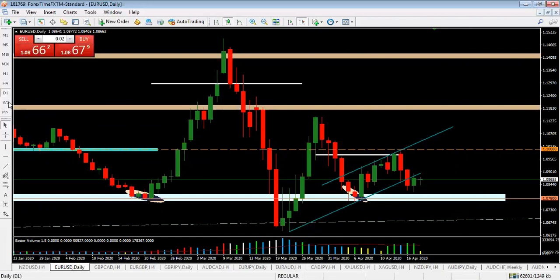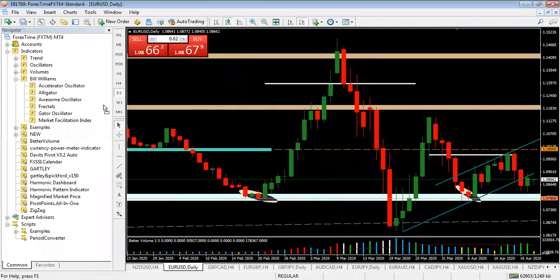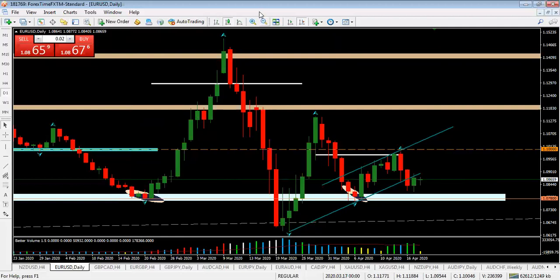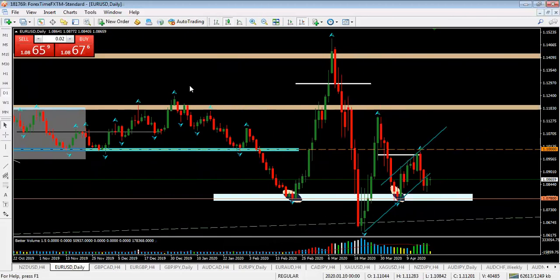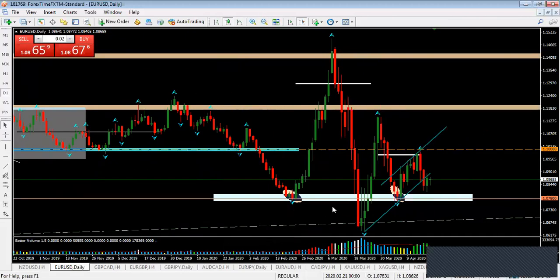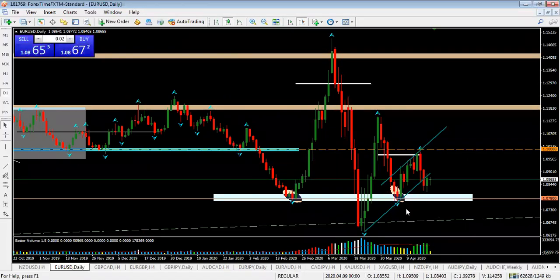All right. So if we add our fractal, okay, boom, we add our fractal to here, we're going to find that this is a double bottom. All right. So we can wait for price to come in here and do a triple bottom.